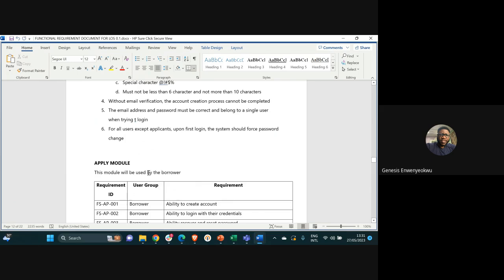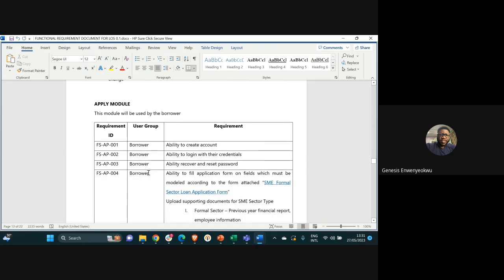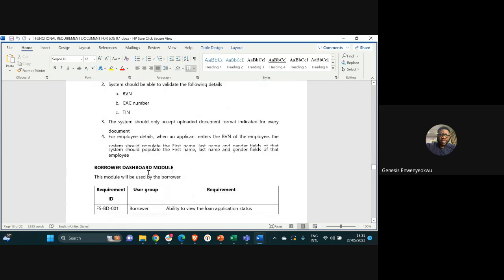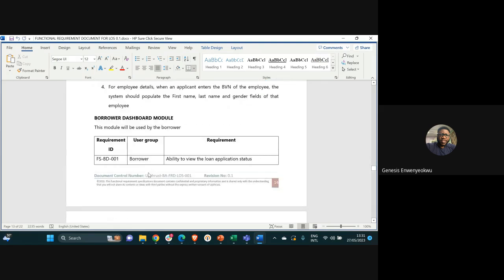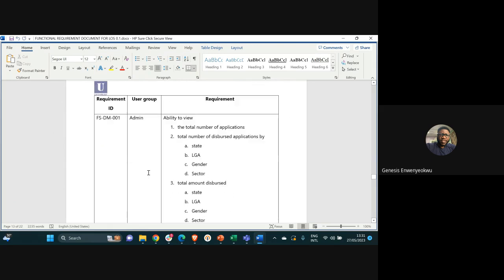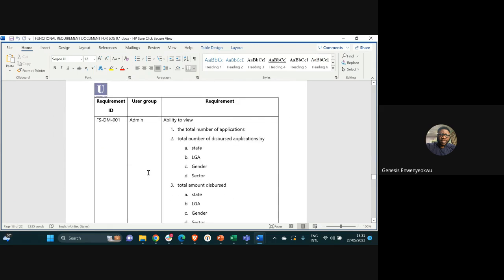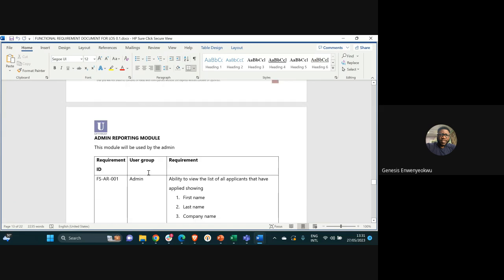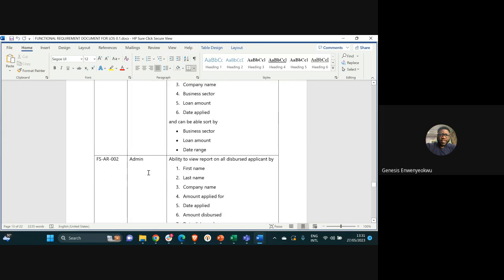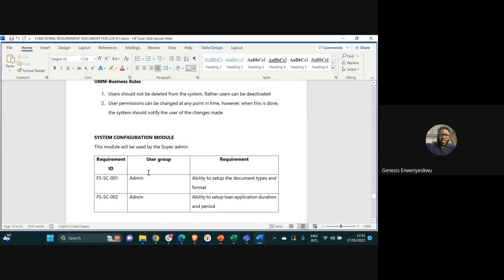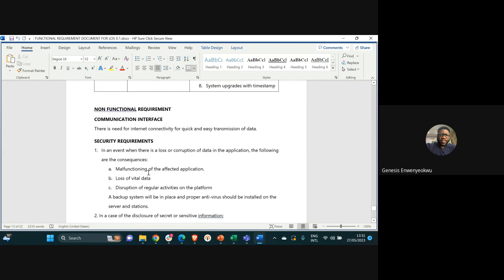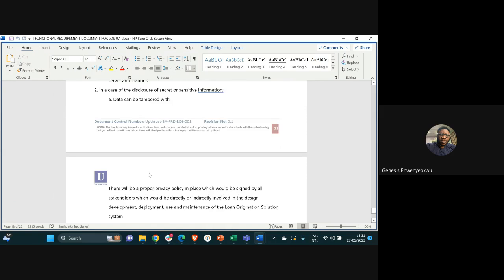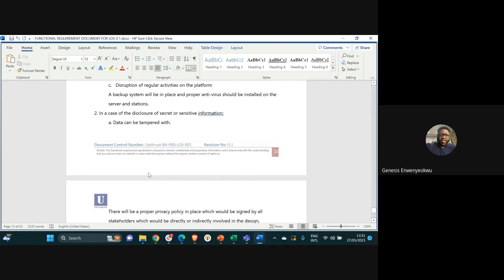So you do for the onboarding module, you do for the apply module, you do for the borrower dashboard module. You also do for each of the modules that you have identified in previous sections of your documentation, for the admin reporting module, you do for each and every one of them. So I'm going to share this document with you guys so that you have a copy of it.